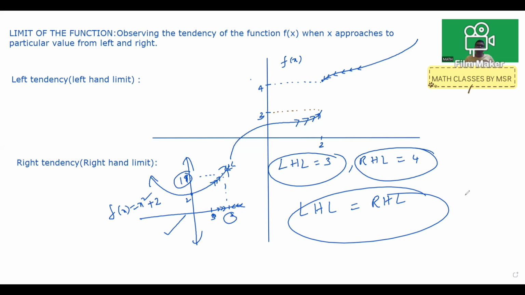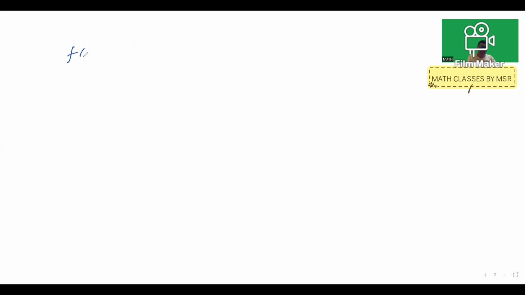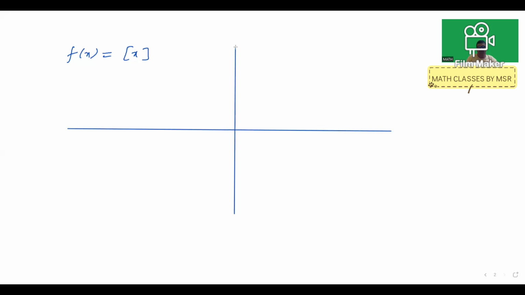But there exist some functions where the left and right hand limits are not equal. For example, if we take the integral part of x, f of x is equal to the integral part of x. Whether the function exists at any integral value or not, we should check it.